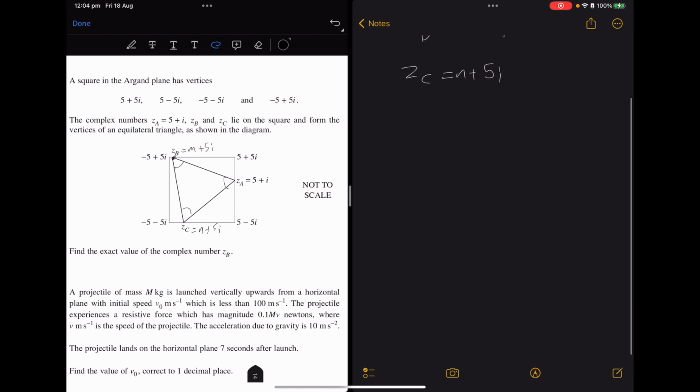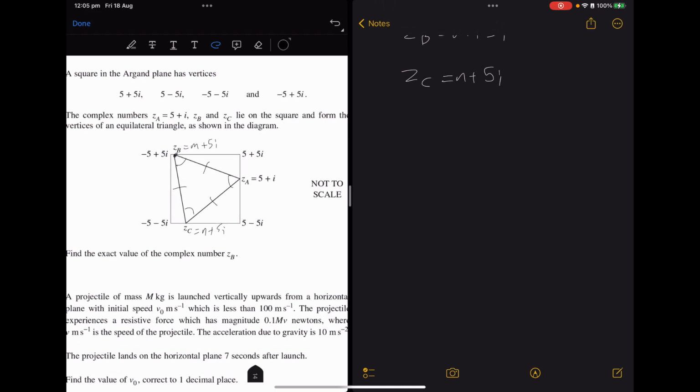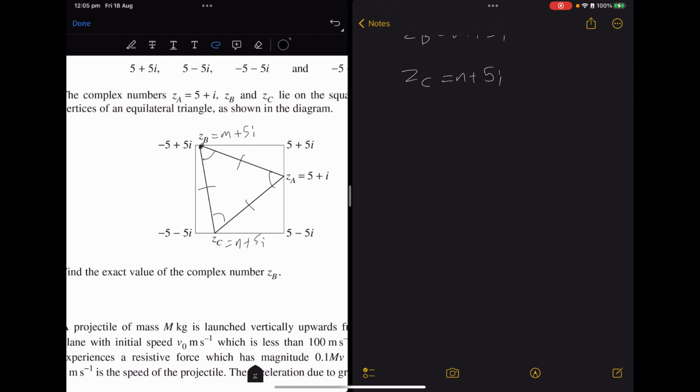So we know that this is an equilateral triangle, so the modulus, or the distance between all the points, is equivalent, and in an equilateral triangle the angle is 60 degrees, which is pi over 3 radians. So I know that this line can be rotated pi over 3 radians counterclockwise to reach this line.